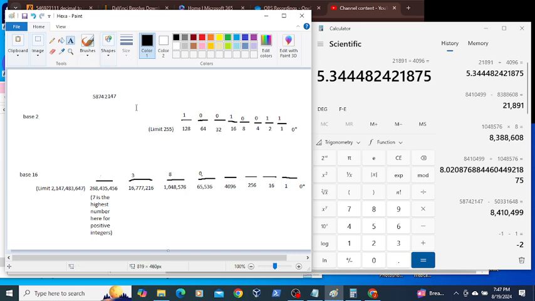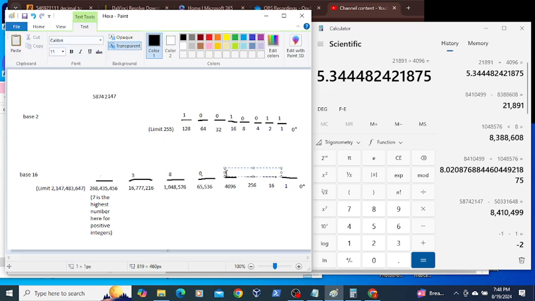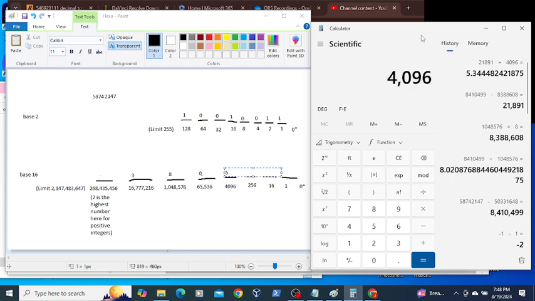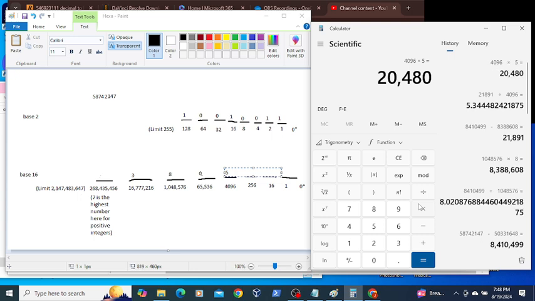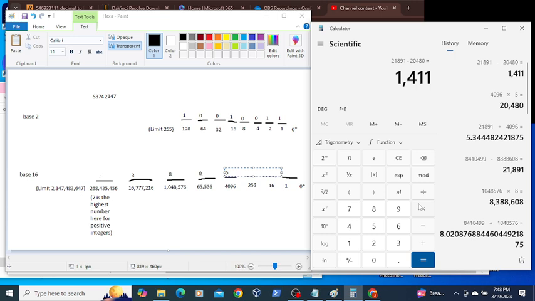So yeah, 5. 4,096 times 5 is 20,480. 21,891 minus 20,480 is 1,411. Yeah, it should be 5 times.